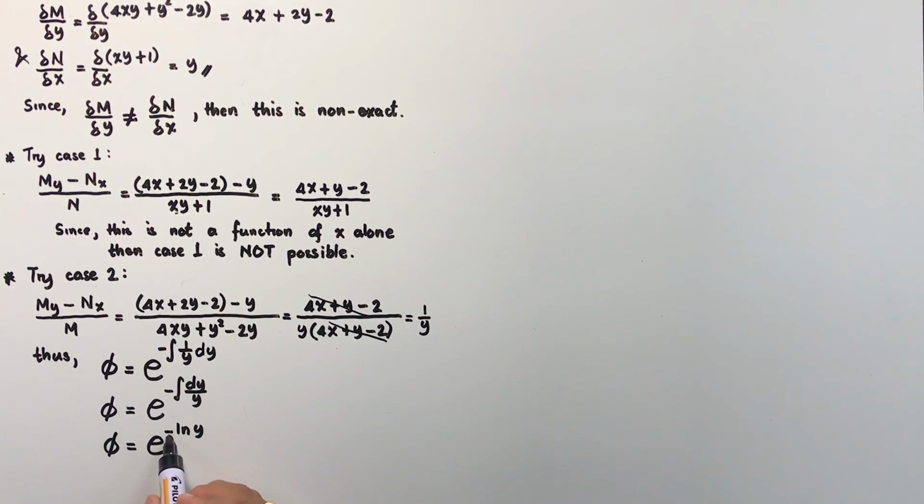But this negative here can be used as an exponent of y. So we have our integrating factor as e to the power of the natural log of y to the power negative 1. And we know that when e is raised to the exponent of the natural log, the result cancels each other. So we have y to the power negative 1, or simply 1 over y. So this is now our integrating factor for our differential equation.